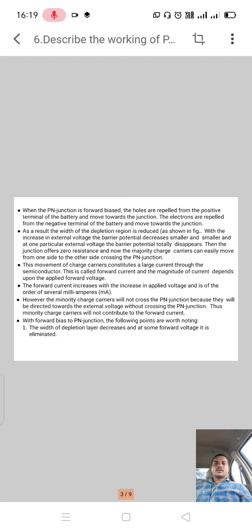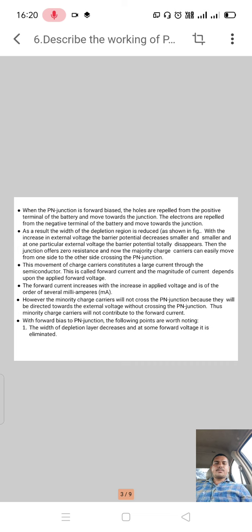However, the minority charge carriers will not cross the PN junction because they will be directed towards the external voltage without crossing the PN junction. Thus, minority charge carriers will not contribute to the forward current.